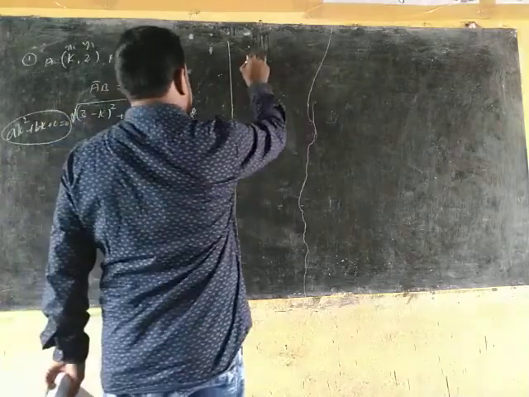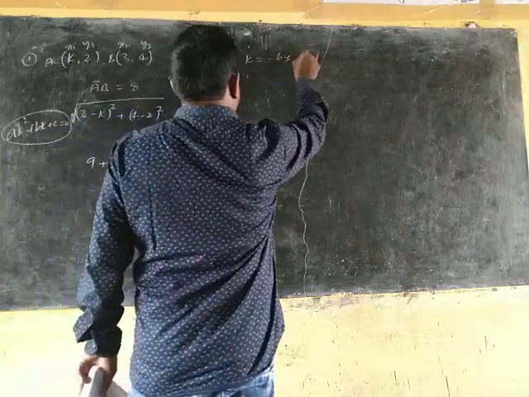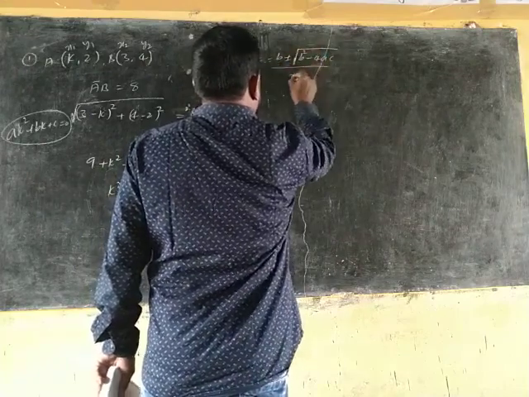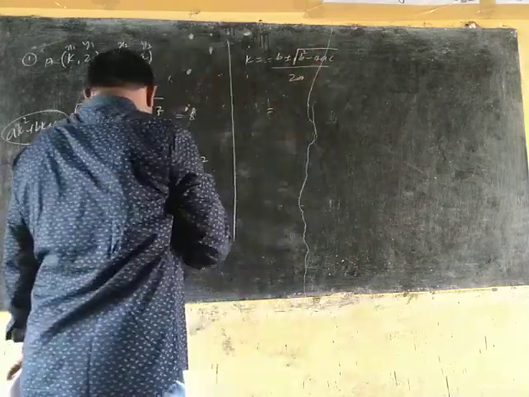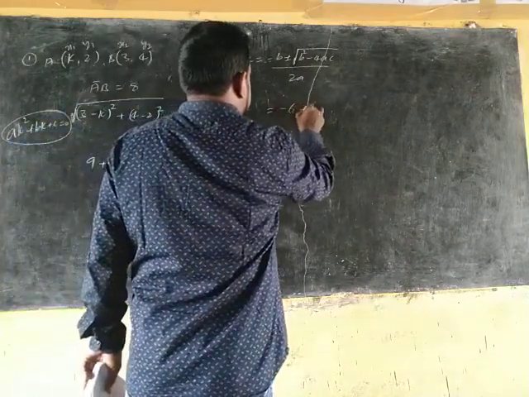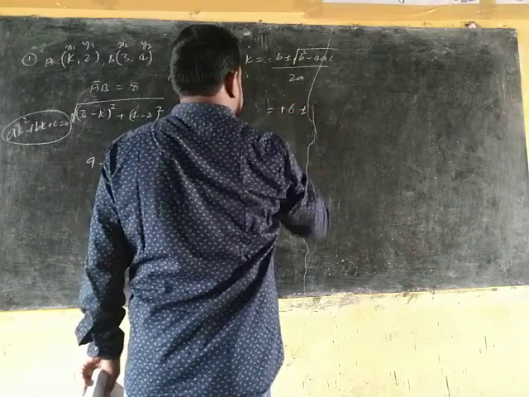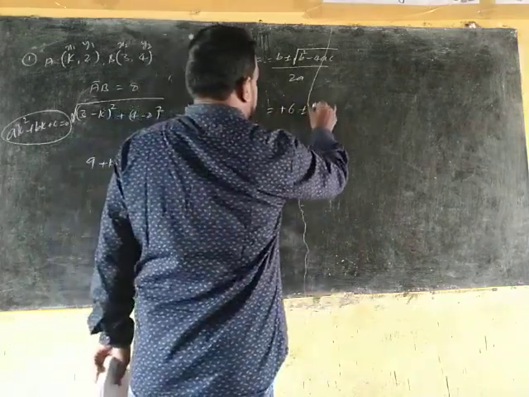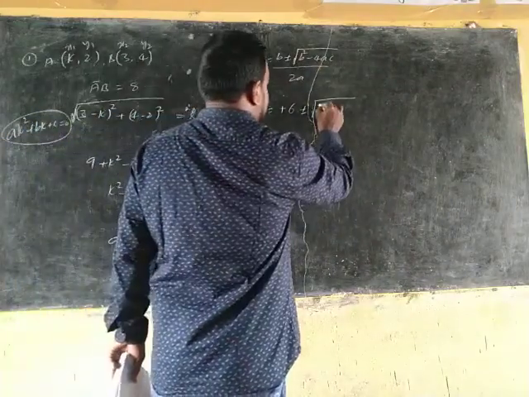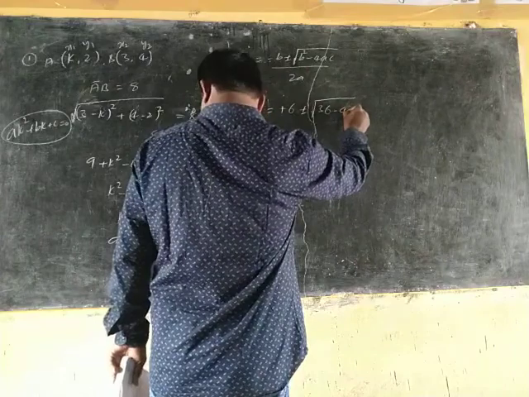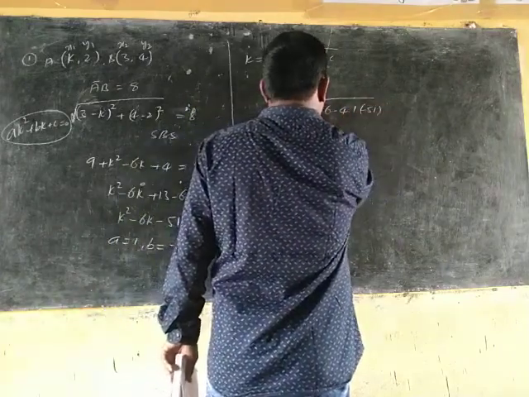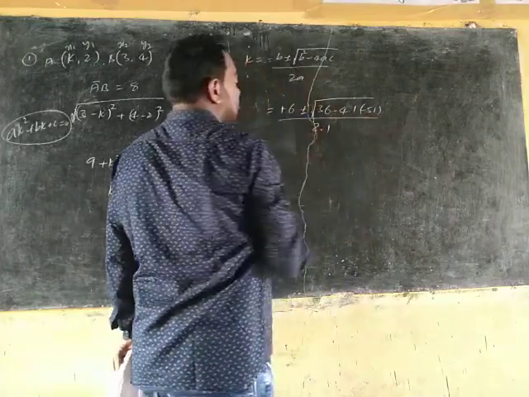See here, k is equal to minus b plus or minus square root of b square minus 4ac, by 2a. Here b is minus 6. So minus of minus 6, that is 6, plus or minus square root of minus 6 whole square, which is 36, minus 4ac, where a is 1 and c is minus 51, by 2 into 1.